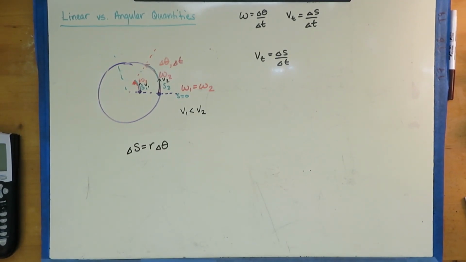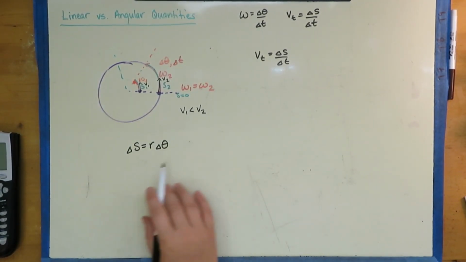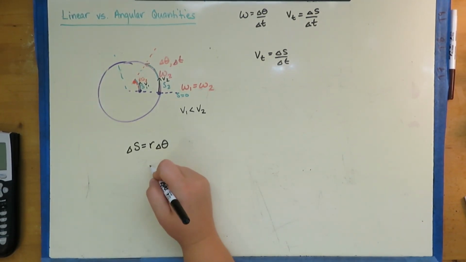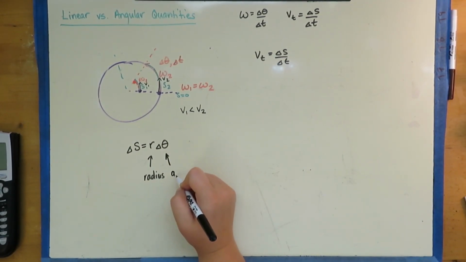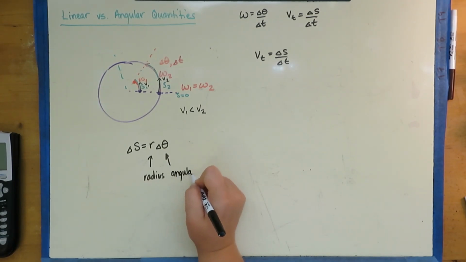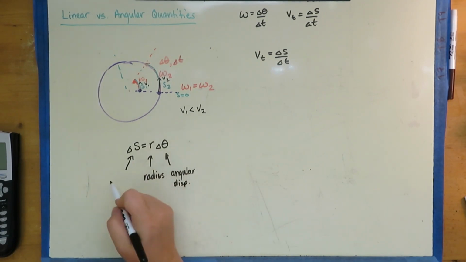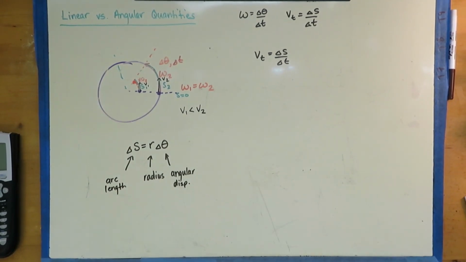There's different ways that it's written. But if I use this definition right here, which is kind of the more general physics definition of arc length, r is your radius. Delta theta is, of course, your angular displacement. And delta s is our arc length throughout some motion, the change in the arc length through that.